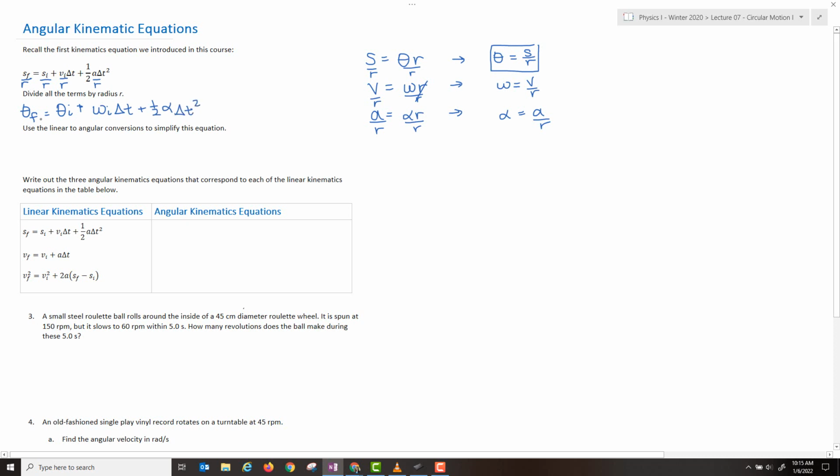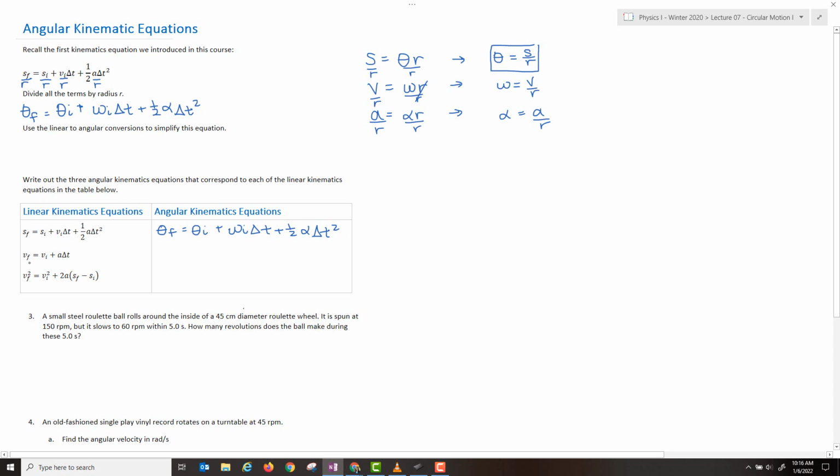Okay, so that is my equation written out as an angular kinematic equation. So I'm going to write it in this table. So SF is now theta F equals theta initial plus omega initial delta T plus 1/2 alpha delta T squared.